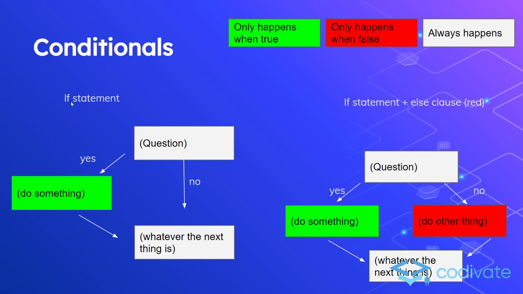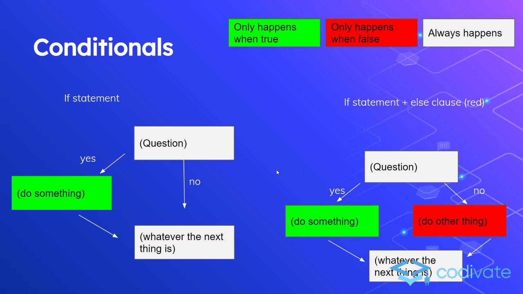We can just have the if statement by itself, which is if it's yes, you do something, and if it's not, you skip it. And the other way is to have an else clause after your if, so that instead of just skipping it, if it's no, you do something else before they meet up, basically.